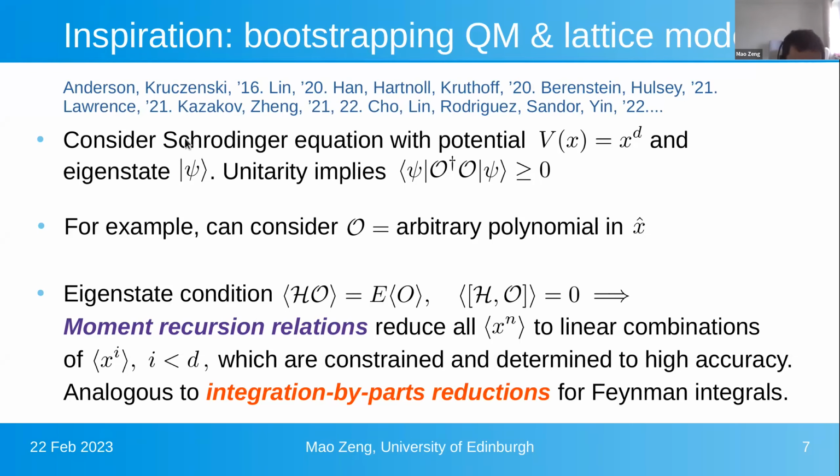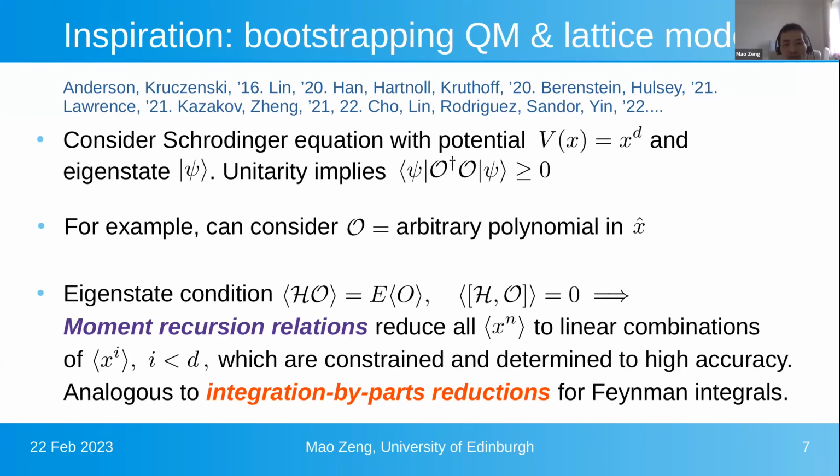Now, if you impose the eigenstate condition, that the expectation value of HO is equal to E times the expectation value of O, and then the expectation value of the commutator of H with O is 0 for any energy eigenstate, you will get a set of recursion relations.